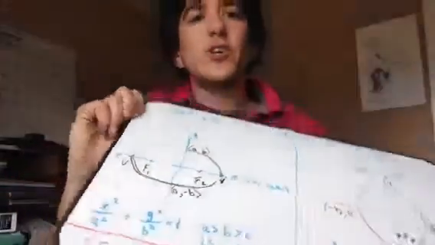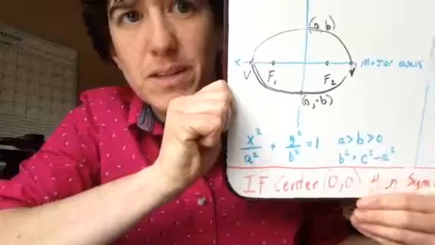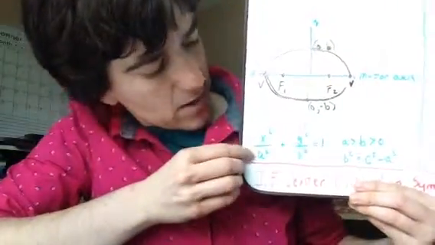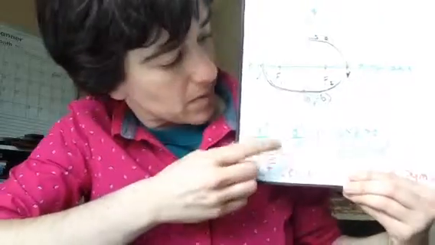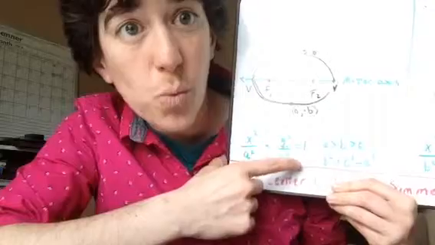Now, the equation of an ellipse is determined using the distance formula, and I'm not going to derive that for you here this afternoon. However, in section 9.3, it does show you how these equations are derived. If we look at this from an equation perspective, you'll notice that x squared over a squared plus y squared over b squared equals 1.